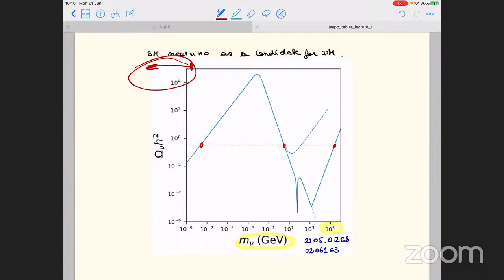But if we look at what mass we would need for this neutrino in order to account for the relic abundance of dark matter today, represented by this dashed line here, we would need much higher masses than what is allowed by experiments. So this is one of my goals today: a possible candidate of dark matter from the standard model.